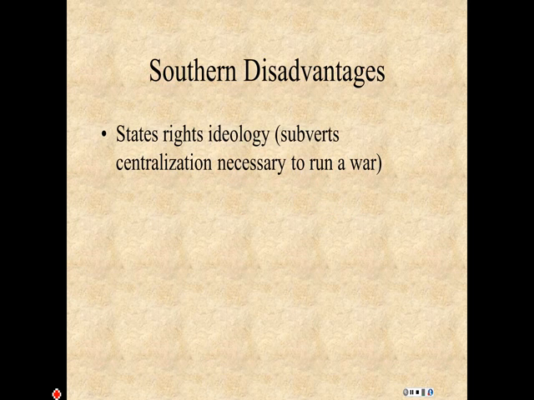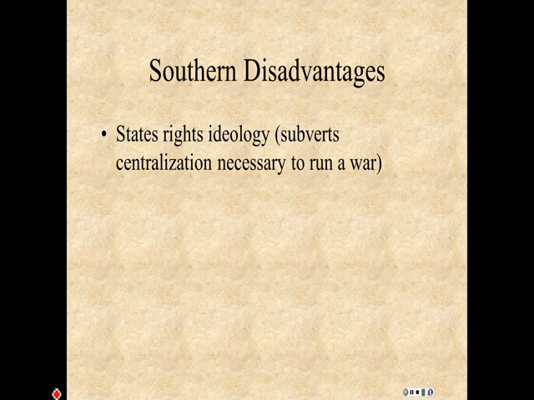How do you have the centralization of authority necessary to run a large-scale war, if you want to maintain sovereignty and control in local hands at the state level or even below that, rather than at the national level?